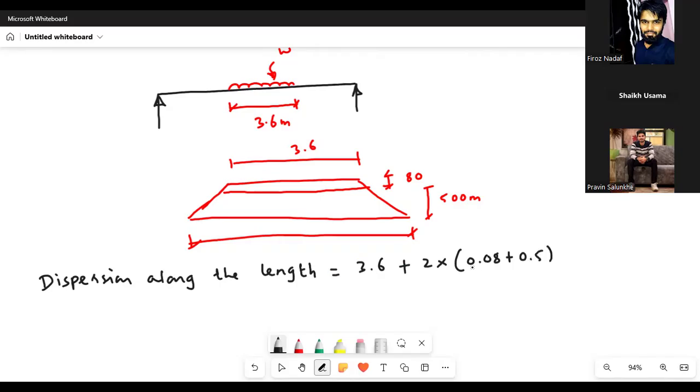What is 0.08? When dispersing at a 45-degree angle, the vertical length and the horizontal length remain the same.